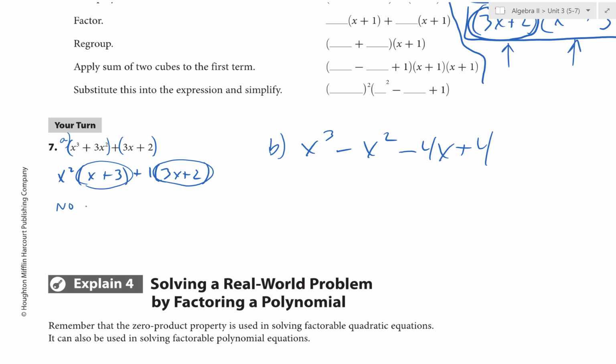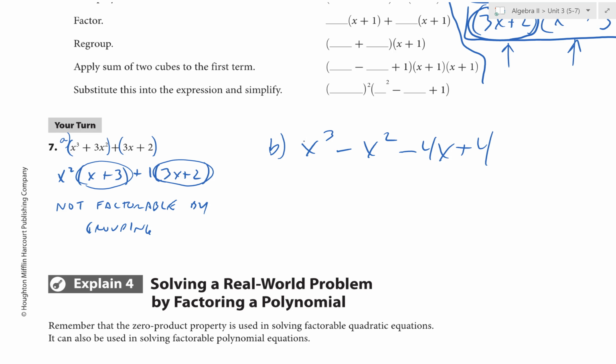So it might be factorable, but it's not factorable by grouping. Okay, so that's not factorable by grouping. If you really had to factor it, you could try graphing it on your calculator and see what the zeros are, and that might help you factor it. But for this example, we're just trying to factor it by grouping, and grouping doesn't work.